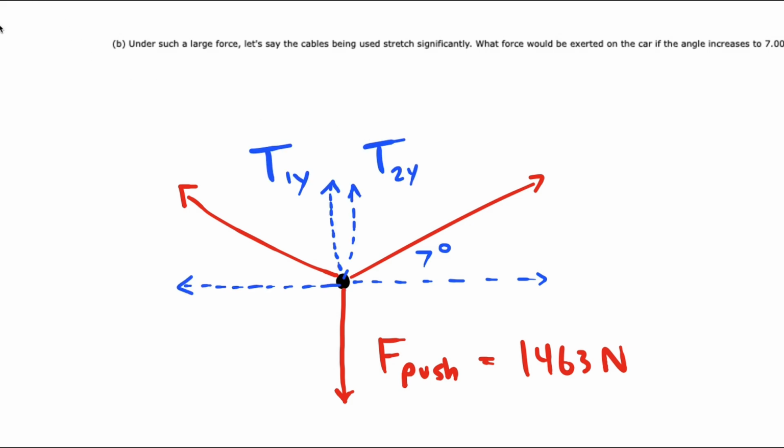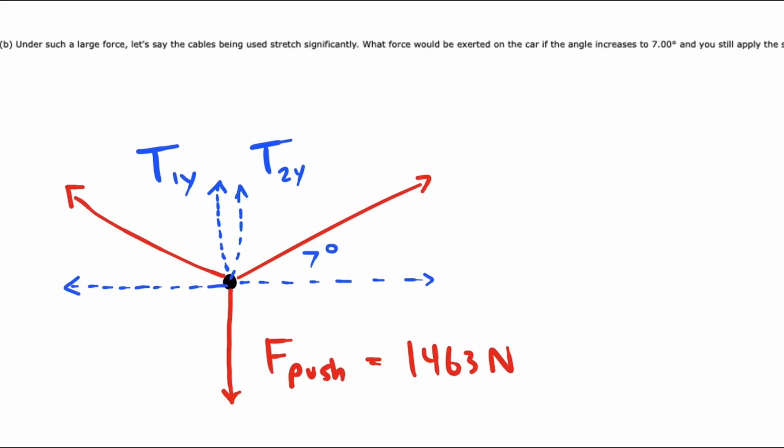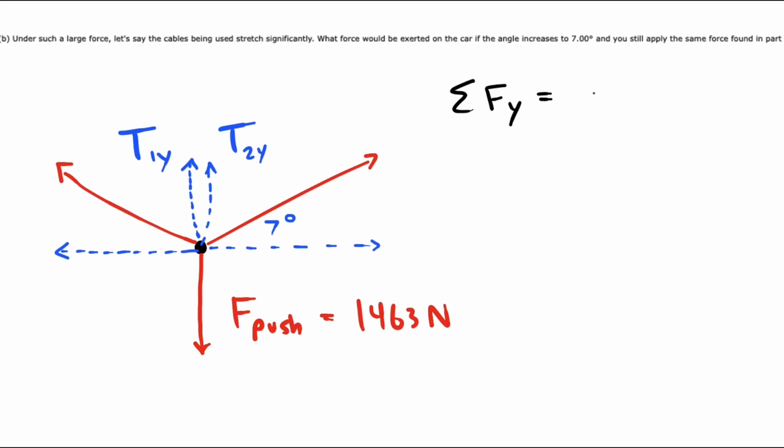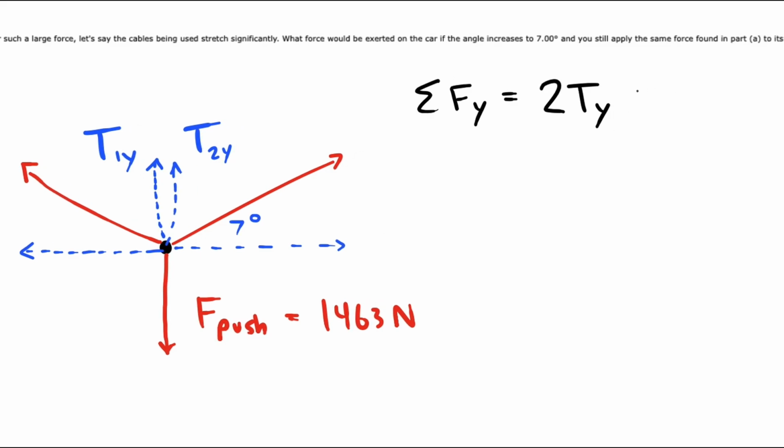Basically, we need to sum the y forces once again with the new numbers. The sum of the forces in the y direction will be 2 times the y component of T minus 1463.